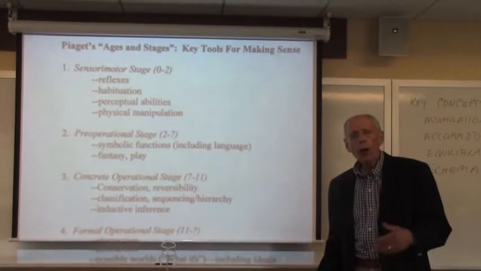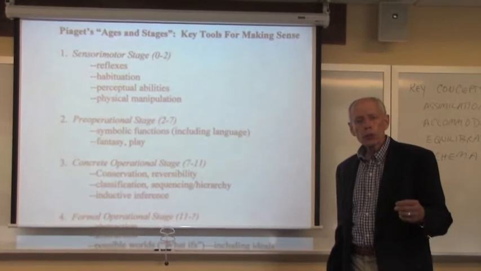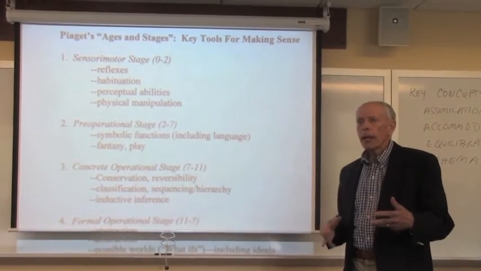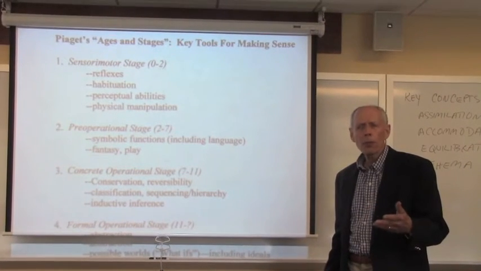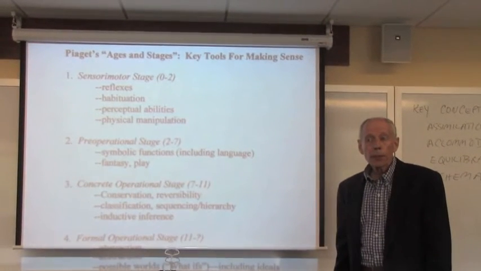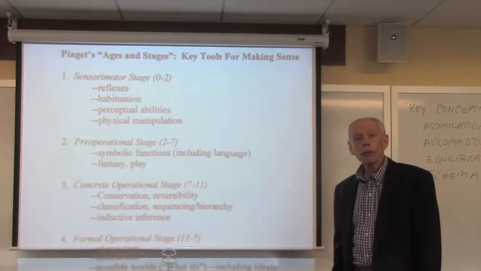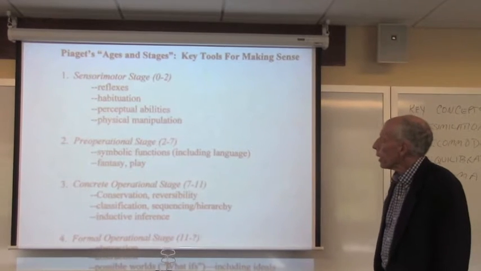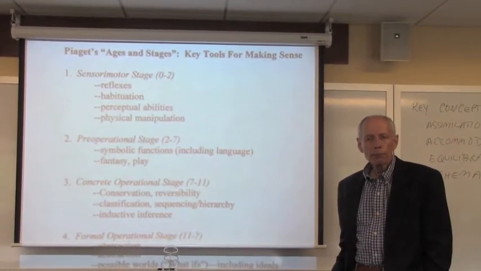We learn through our ability to habituate, that is to say, to get used to input and sensory phenomena to the point that we don't pay all that much attention to them, we take them for granted. We are able to perceive. We have the use, after a few weeks, of almost all of the senses that we're able to make use of throughout our lives, and we physically manipulate our world.